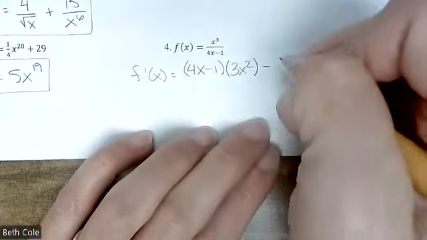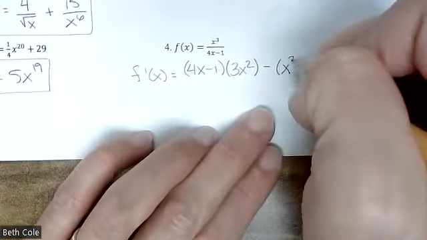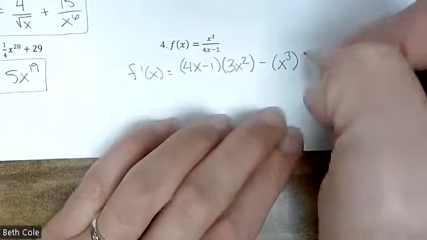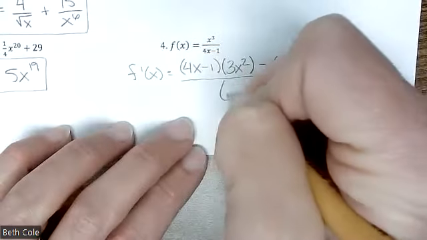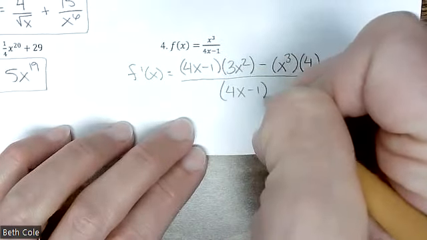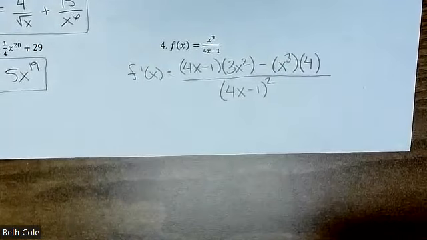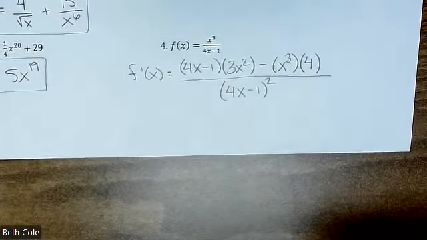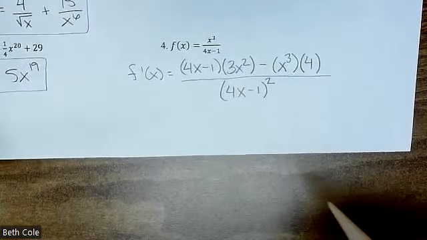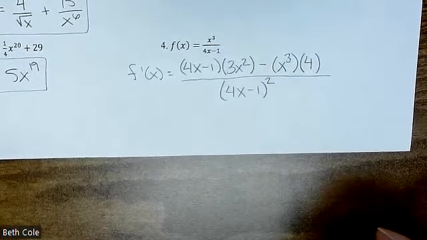Negative minus the first one, or the numerator, times 4, derivative of the denominator, over denominator squared. Good. And again, I would like for you to just stop there. I'm trying to assess you on the quotient rule, not can you distribute things. So we're going to just leave them alone.